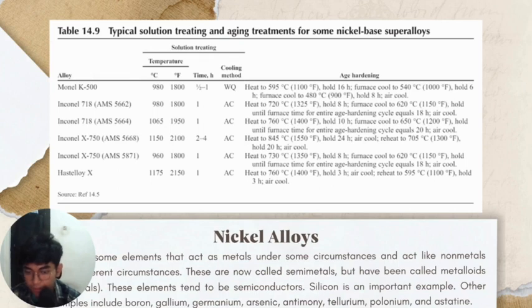Nickel alloy. Nickel is an austenite former, and no allotropic phase transformation occurs in nickel or the high nickel family of alloys. The alloys are austenitic from the melting temperature down to absolute zero.